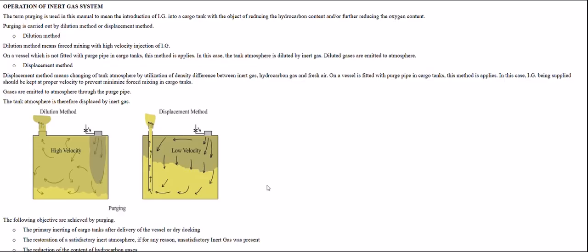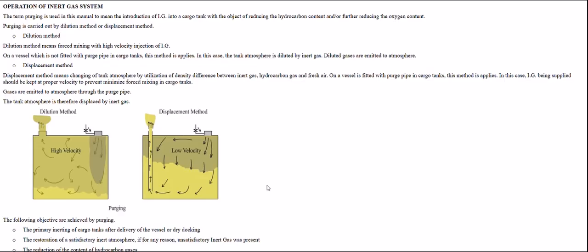When the IG is ingressed into the tank, it goes down, but the rate of ingress is kept limited so that it is not diluted, and from the bottom part the hydrocarbon gas goes out to the atmosphere through the purge pipe. So it is written: on a vessel fitted with a purge pipe in cargo tanks.